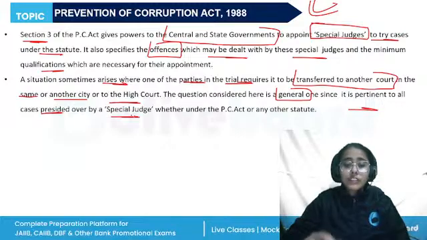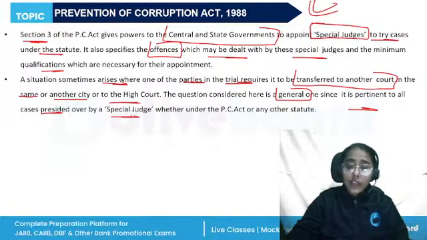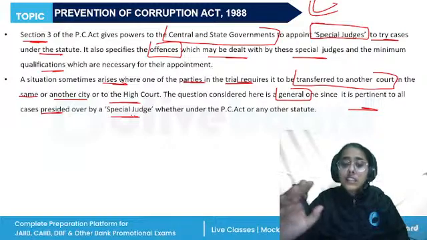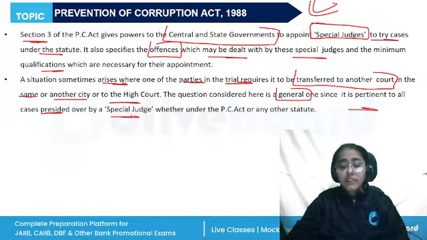This question was actually dealt with concisely by the High Court of Judicature at Madras in the case of M. Gopal Krishnan versus the Inspector of Police in 2009, which arose since none of the provisions in the Prevention of Corruption Act deals with the transfer of cases. Other cases also gave the same solution.